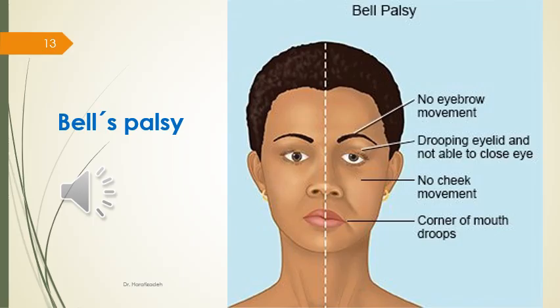So when the facial nerve is paralyzed, the face of the patient will be unusual, and different parts of the face come into problems, and as you can see in the picture, we have some problems, and it is important in clinic.